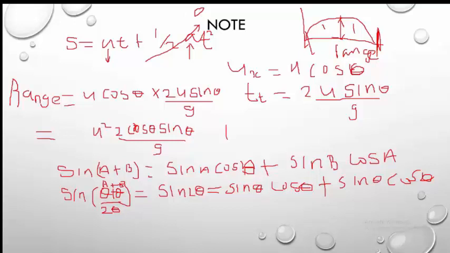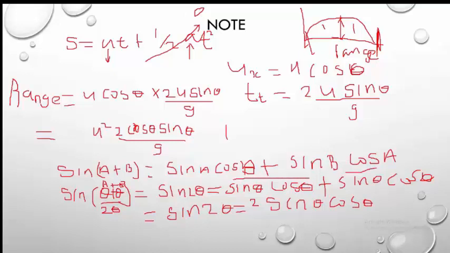So sine 2 theta will now be equal to 2 sine theta cos theta.